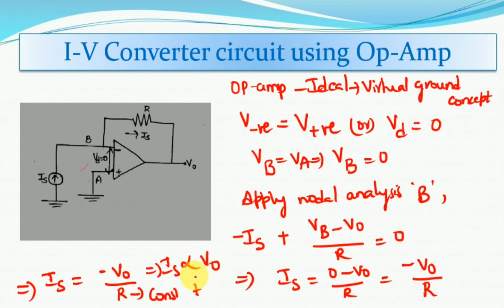Or else I can say that the V0 value is minus IS into R. Therefore, V0 is proportional to IS.